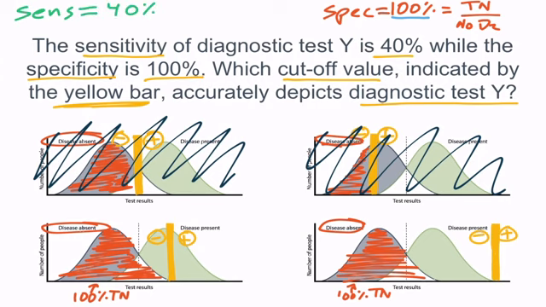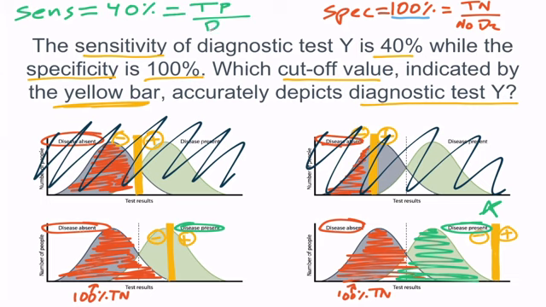So now that we are talking about sensitivity, we focus our attention only on these diseased patients on the right. And if the cutoff value were here, we would see that all of our diseased patients would actually show up negative. So this bottom right-hand graph would be mathematically represented as true positives over all the diseased, and the true positive number would be 0.